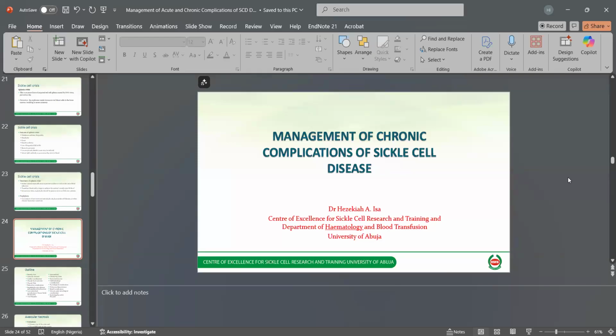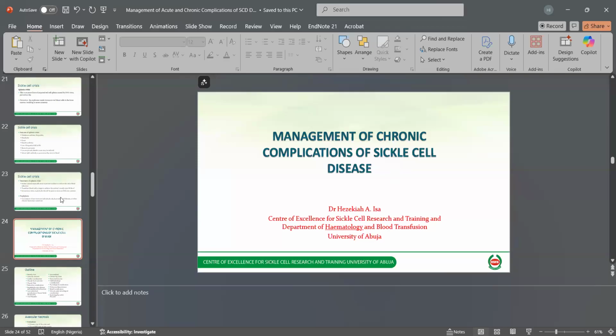And even in some cases of priapism too, exchange blood transfusion is the mainstay of management. And we need to collaborate with the appropriate specialists in these areas.